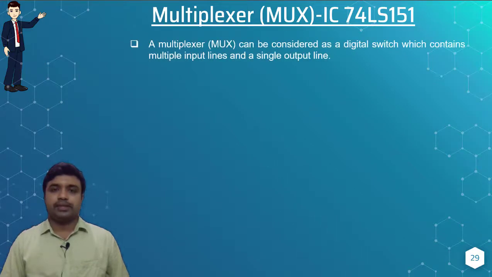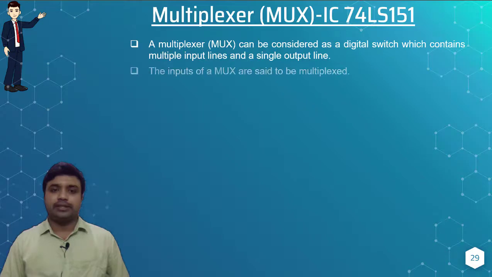A multiplexer can be considered as a digital switch which contains multiple input lines and a single output line. In operation, it acts like a digital switch, consisting of multiple input lines and a single output line. That means it is going to drive multiple input conditions, and it is going to provide a single output.